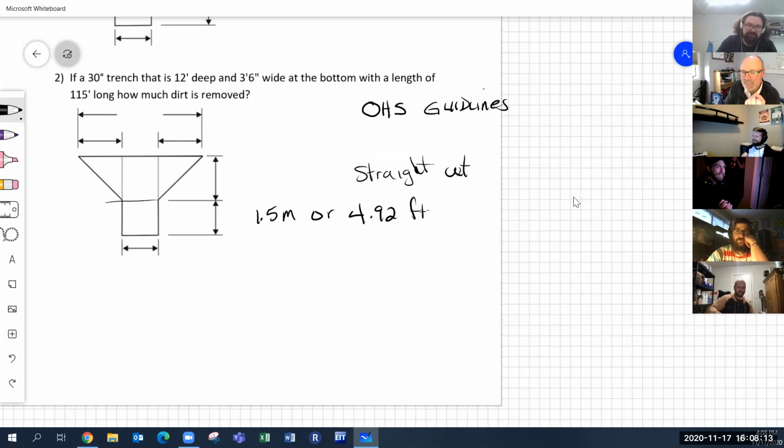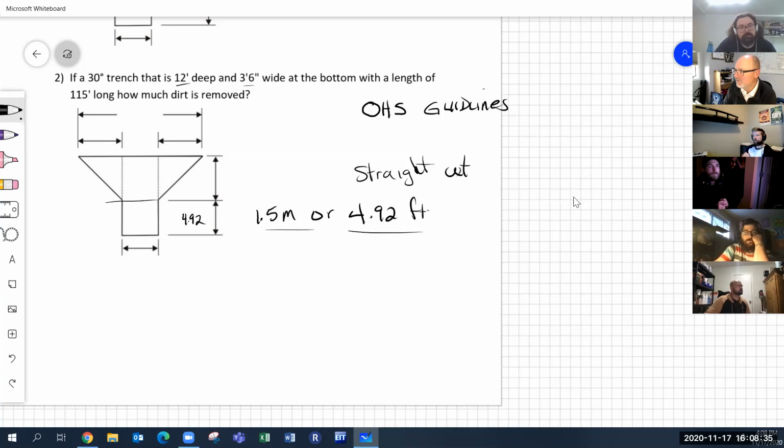So that is the maximum allowed for a straight cut trench. Now look, this says 12 feet. This says 3. So this is in feet. What is this measurement? 4.92.